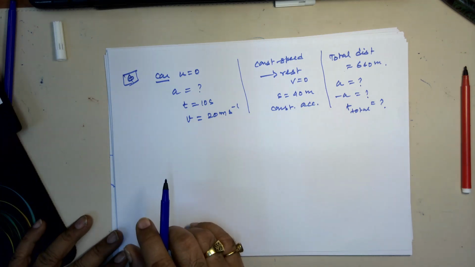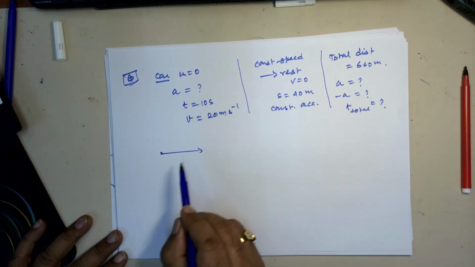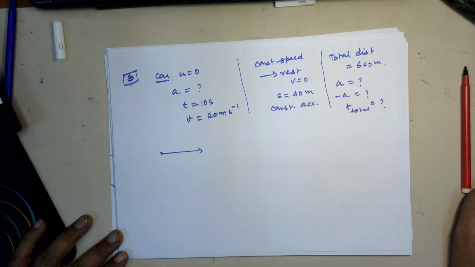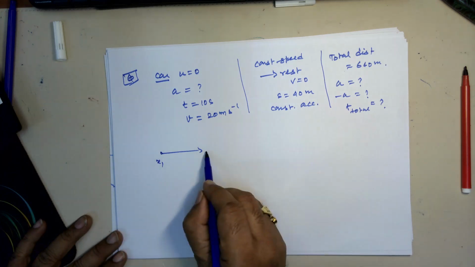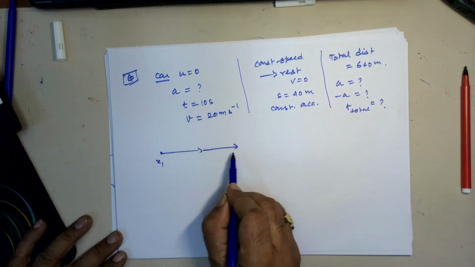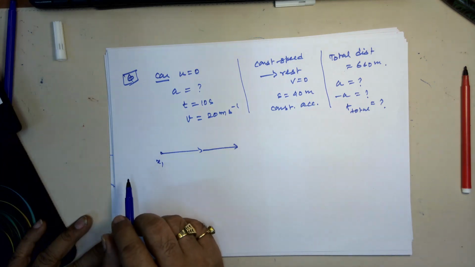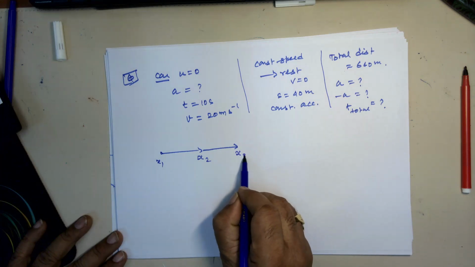Listen, the car starts from rest and it moves, and then so this is the x1 position. And after moving a certain distance, it is brought to rest. It means x1, x2, x3 positions, right?